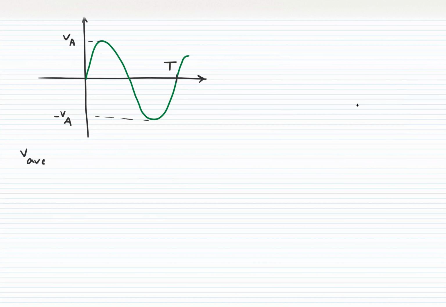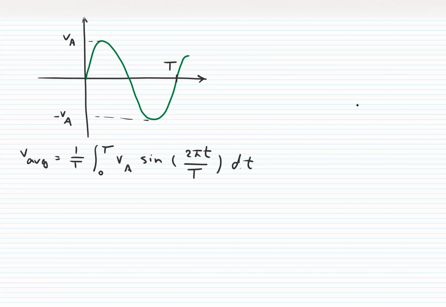V average is equal to 1 over T, integral from 0 to T, of VA sine of 2 pi t over T, dt.